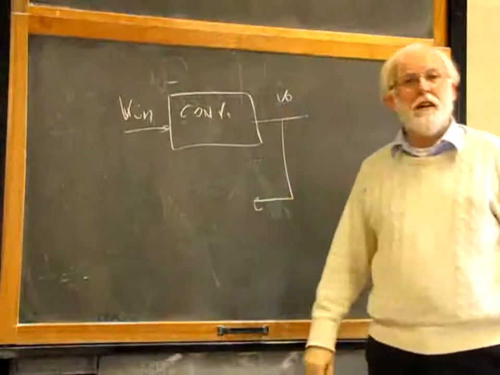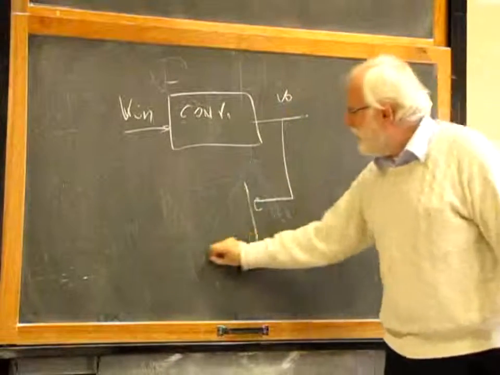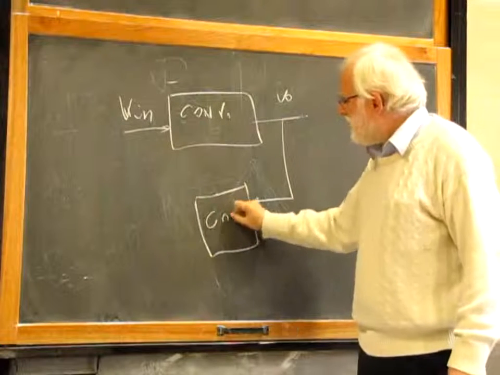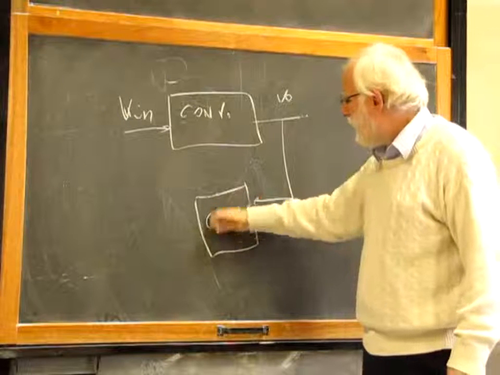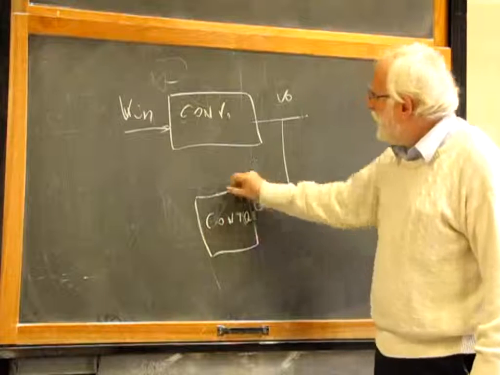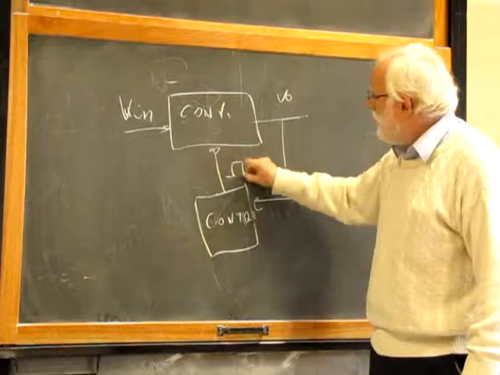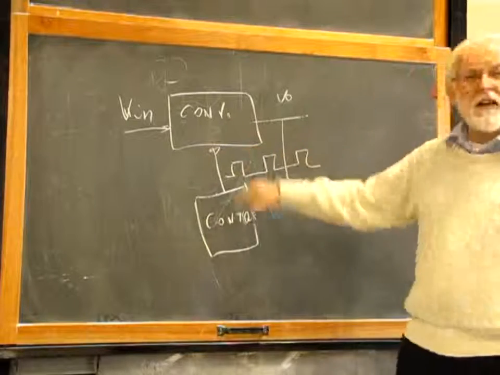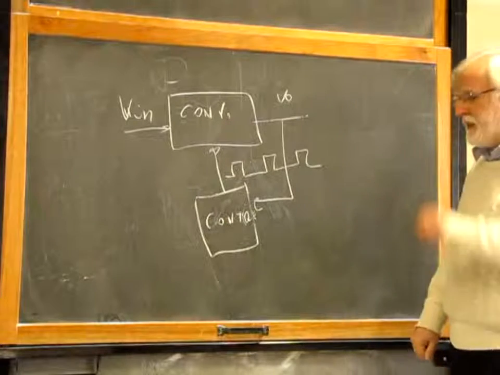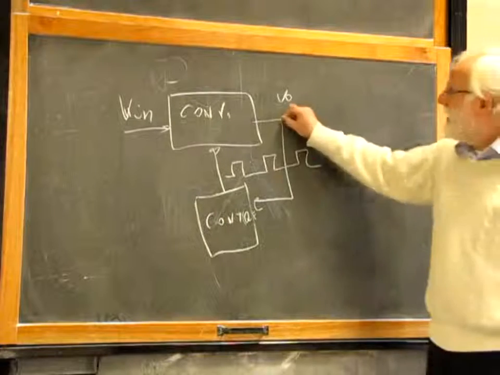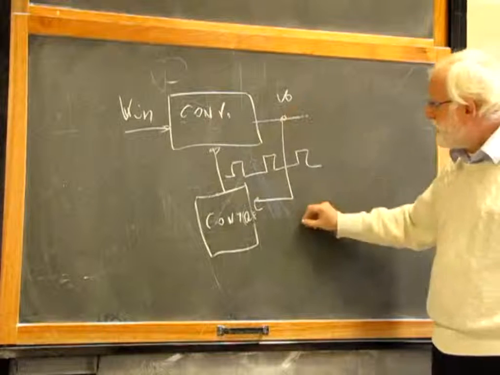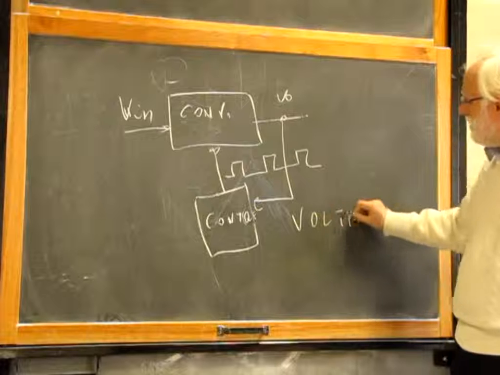I measure, I sample Vout, I have here a so-called compensator or controller, let's call it controller. And the controller generates the waveform switching on and off the switch of this converter and keeping the output voltage constant. This technique, where I measure only the output voltage, is called voltage mode.